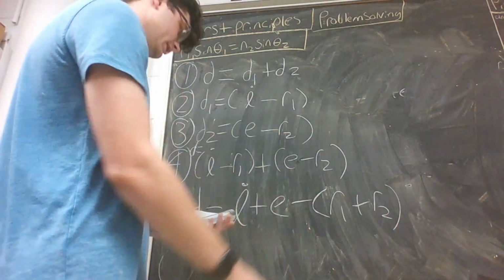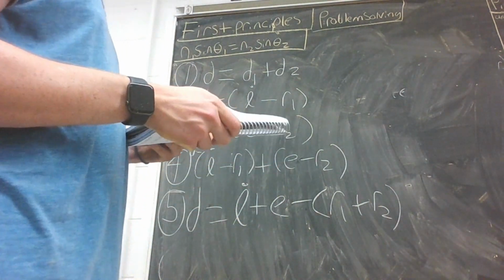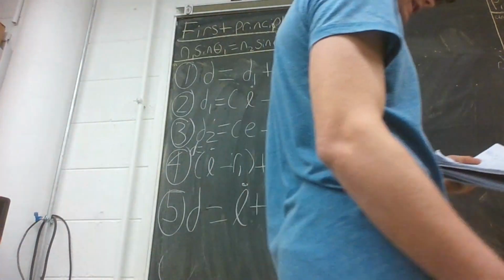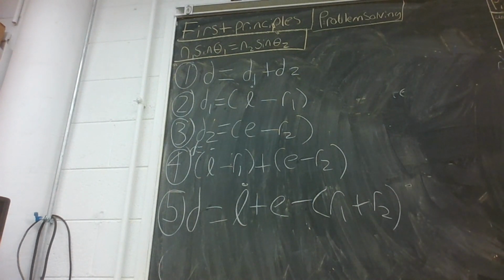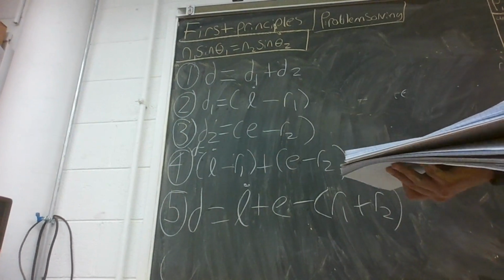If I know I, I can calculate R1, and this is where Snell's law comes into place. I can conclude R2 by doing geometry, and we can calculate E by applying Snell's law.